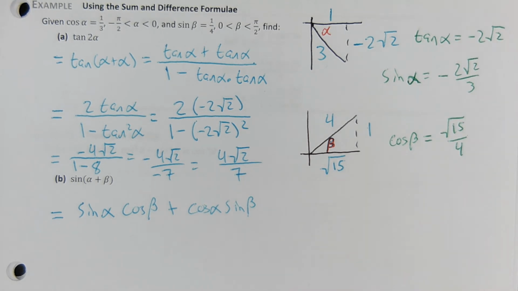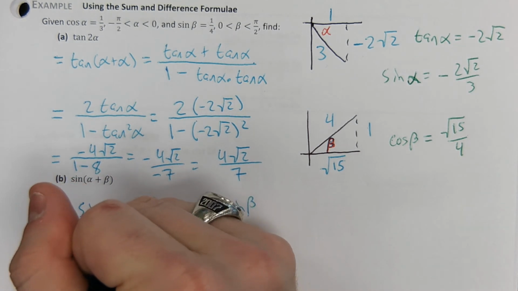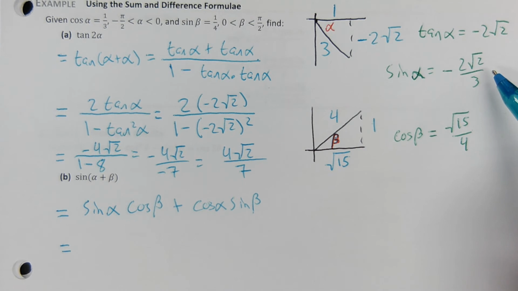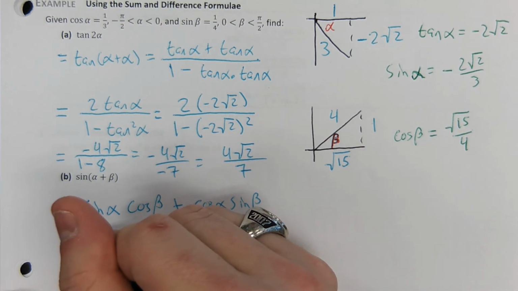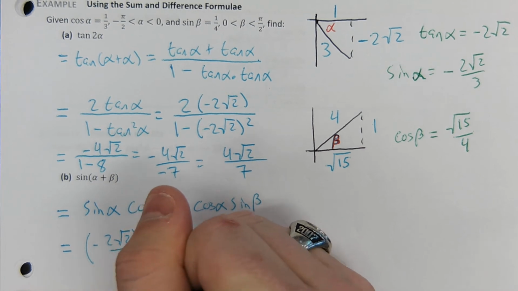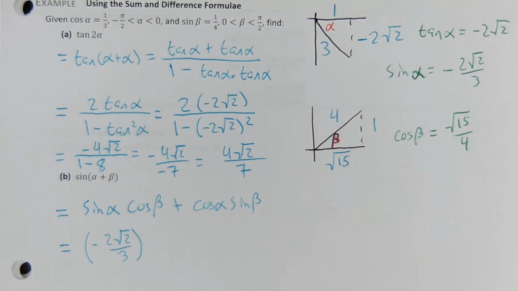And we have all the things that we need in order to evaluate sine of alpha plus beta. Sine of alpha is here. Negative 2 root 2 over 3. Cosine of beta we found right here.